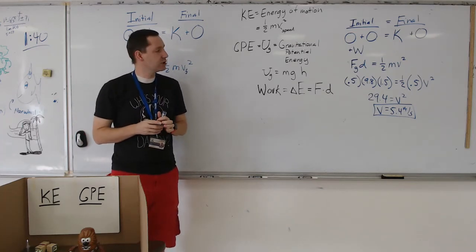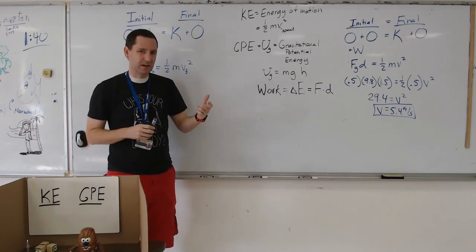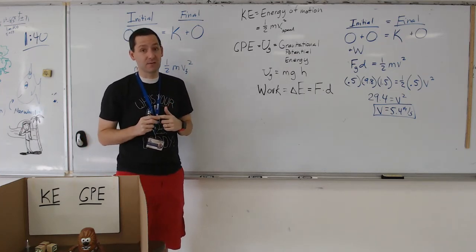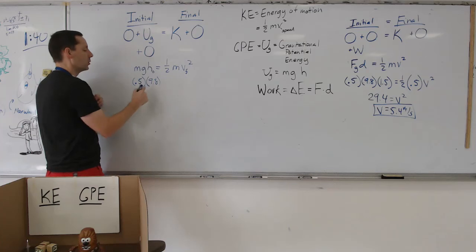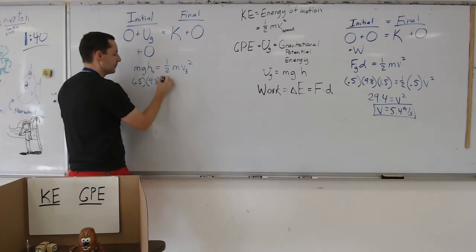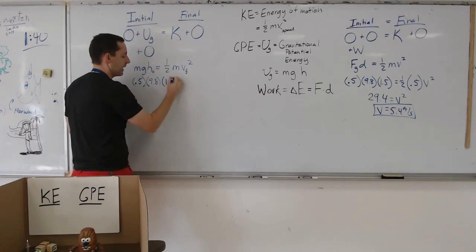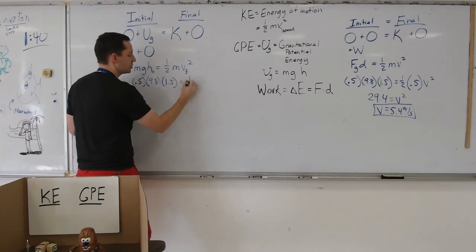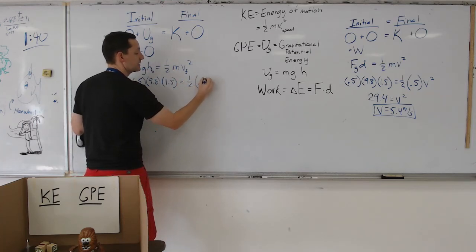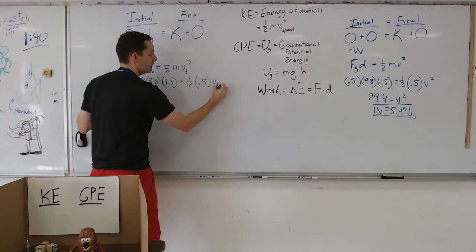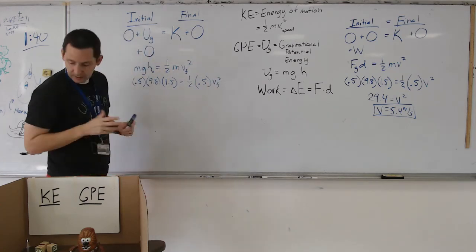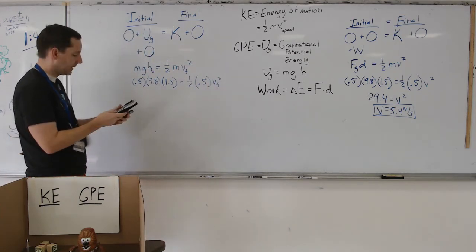In this situation, energy is not a vector, so we don't need the positive and negative there. So 9.8 times the height, and I'm going to say my initial height is 1.5, and this should then be equal to 1/2 times his mass times the final speed squared. And so then we go ahead and calculate.